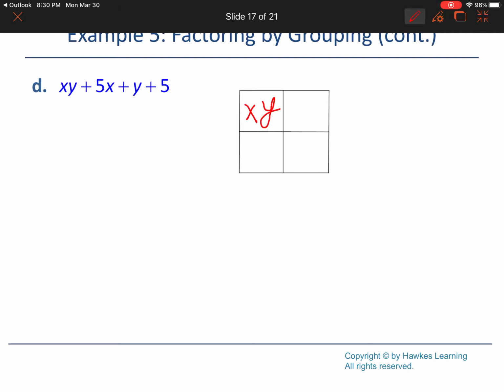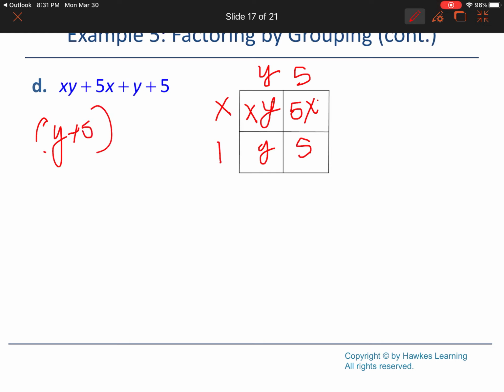Okay, let's look at what we have. Alright, so if we pull out the common term here, which is x, here will be a y, which means this has to be a 1, and x times 5x, that's going to be 5, and so 5 times 1 is 5, so it worked.